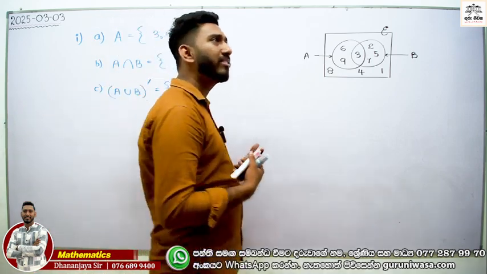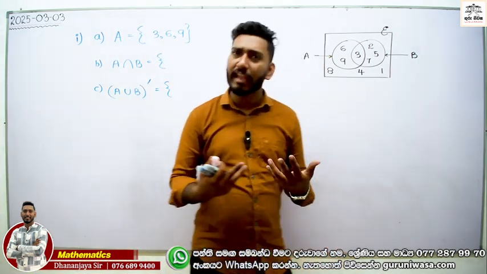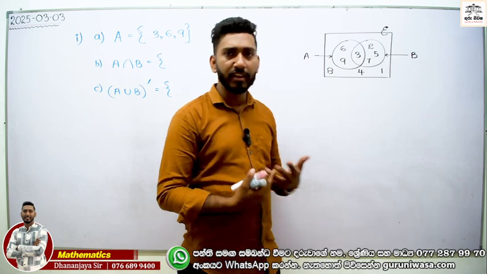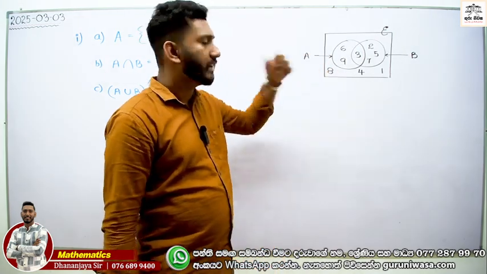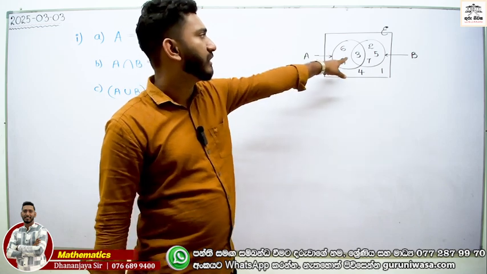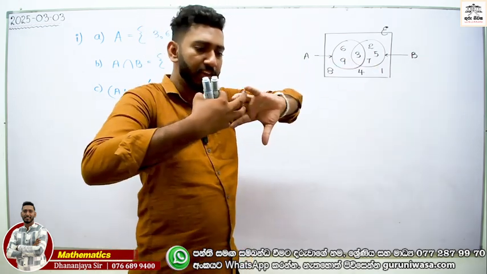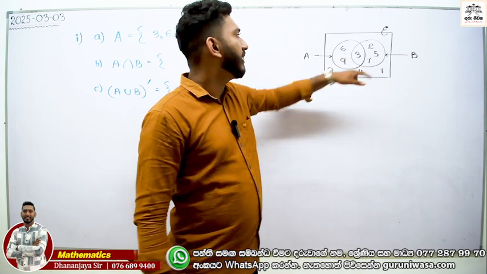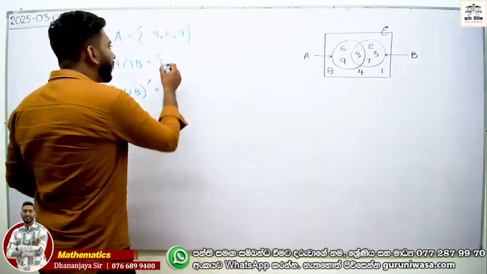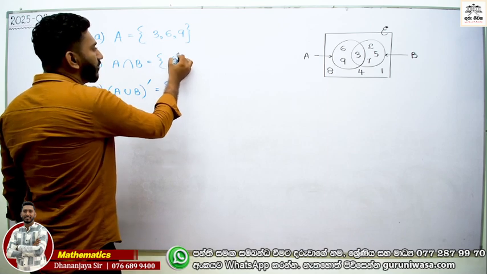Intersection means common elements. That's the common area. A and B intersect here, and 3 is the answer. Therefore, there is only one element here.